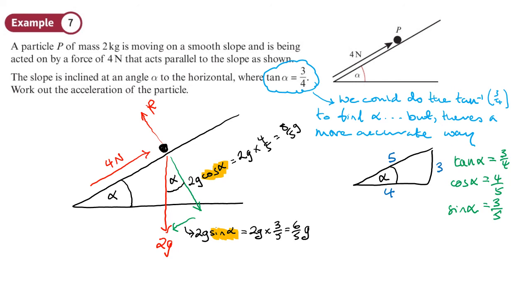Right, so we are trying to work out the acceleration. So the acceleration is going to be in this direction. So we're going to do resultant force equals ma. The resultant force is going to be the 4 that's going up minus the 6/5 g that's going down, the 2g sine alpha. That equals ma.